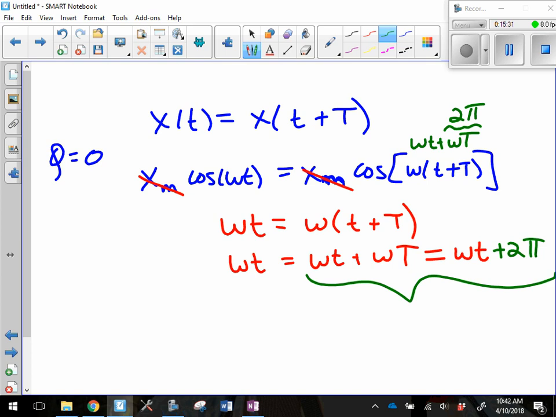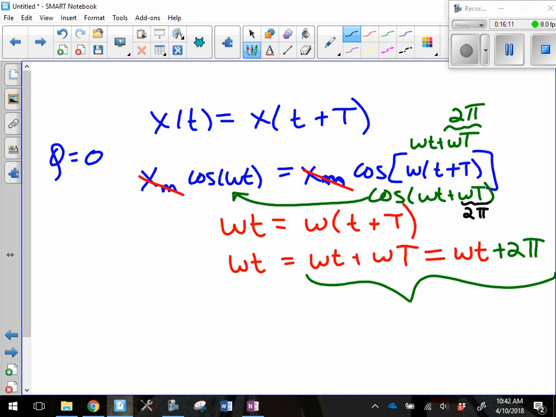Don't worry about what omega is equal to right now. It's the angular frequency, but I don't really need to know what omega is. What I need to know is that if I look at cosine of omega t plus omega capital T, and I want this to be equal to this, then my whole cosine function repeats itself every 2 pi, just like you showed me on my little demo there, that it's going to come back to the same value after 2 pi radians, or 2 pi whatevers.